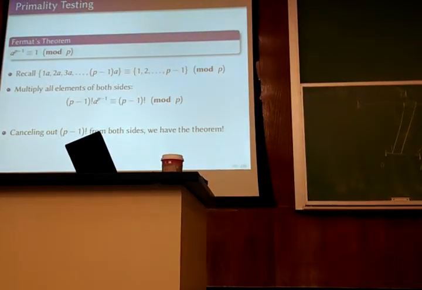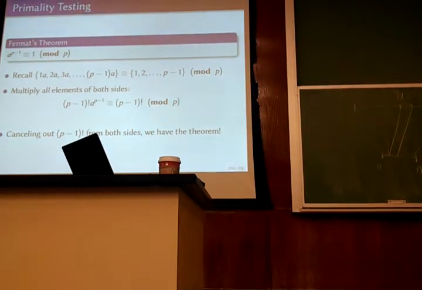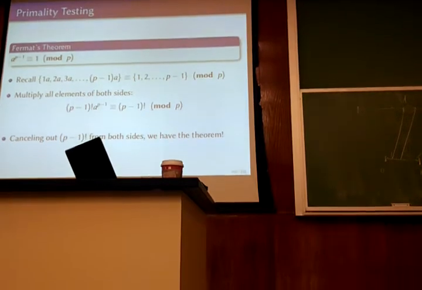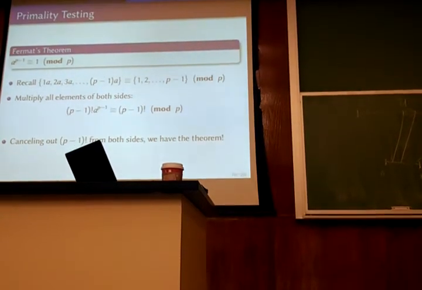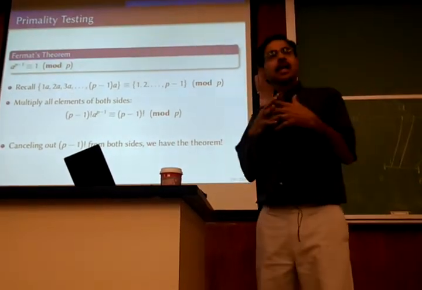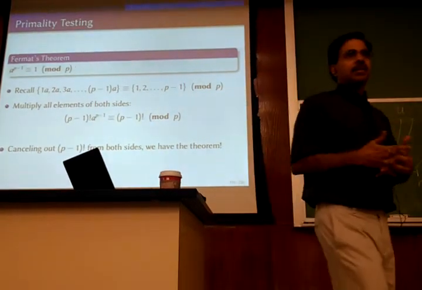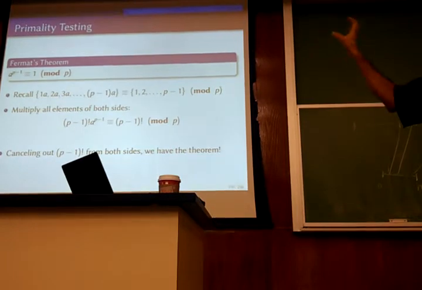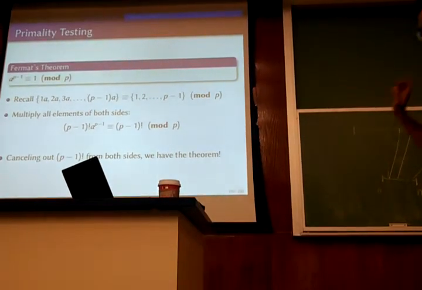And of course, if you want to increase your probability, then you can change a. You can say, I did 2 to the power p minus 1, then I'll do 3 to the power p minus 1, or 5 to the power p minus 1, and so on. And then you can increase the probability of you being right by simply repeating the Fermat's test multiple times.